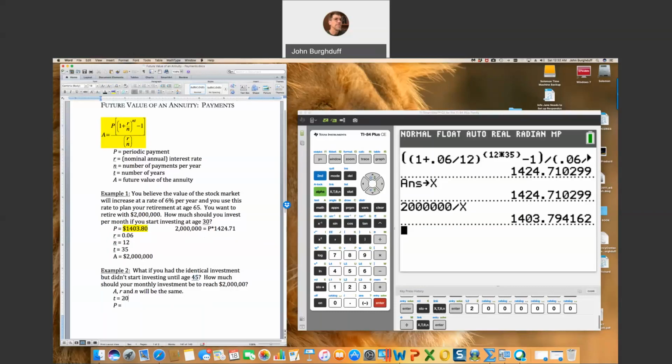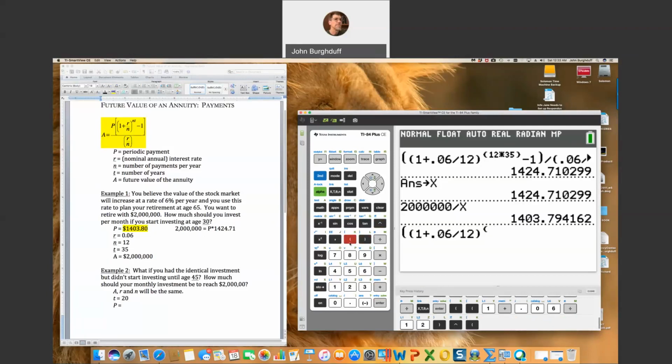Let's see what's different. If I go to the same set of calculation, just change the 35 I had before to 20. Let's do it this way. Open a parentheses, open another parentheses. 1 plus 0.06 divided by N. Notice that so far none of this is dependent on T. Raise that to the power. This will change.